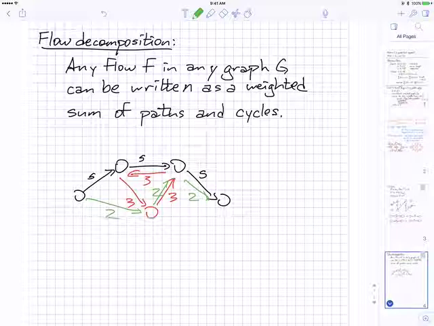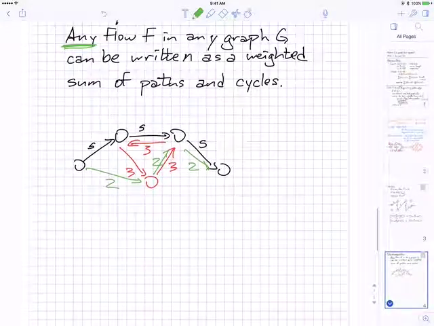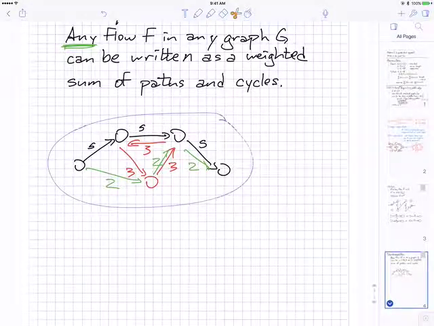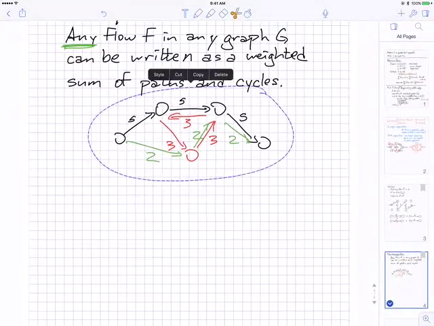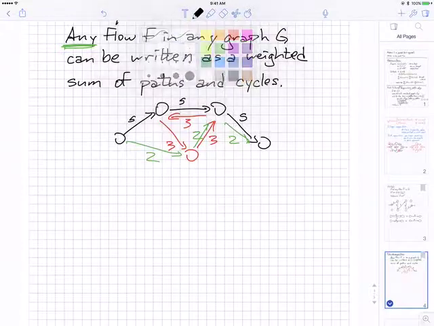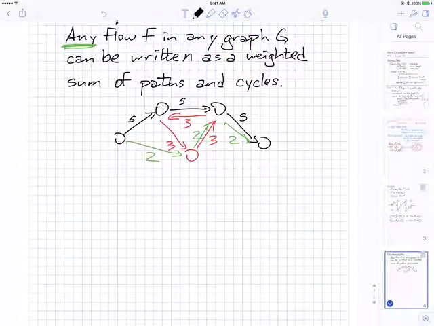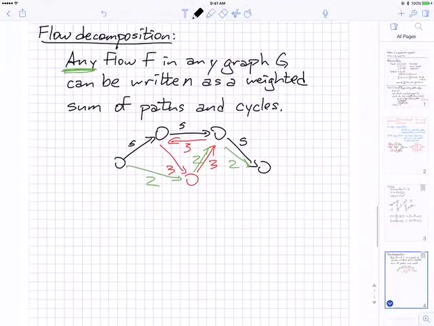Now, the way Ford-Fulkerson works, you don't actually ever get cycles, but I said any flow, and there are flows which Ford-Fulkerson would never compute, at least in the way that it's phrased here. But we can actually refine this flow decomposition a little bit further.